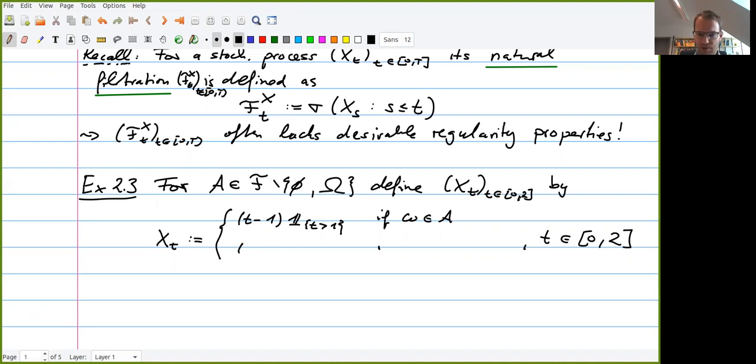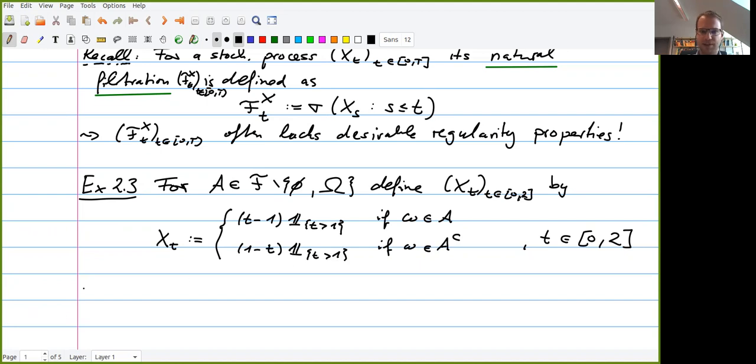And if we are in the complement of A, we start decreasing from 0 to minus 1 if t is strictly bigger than 1.